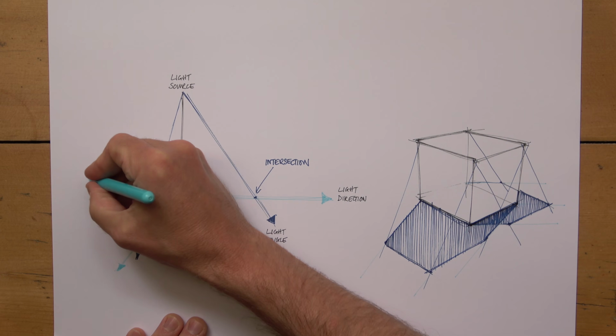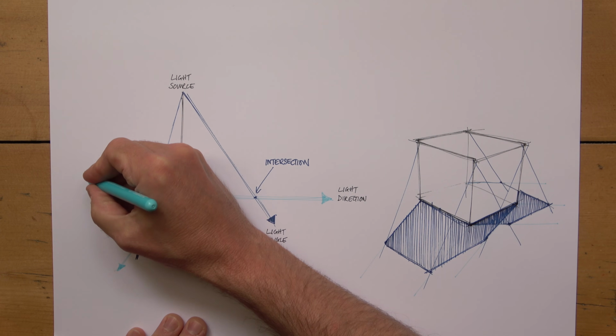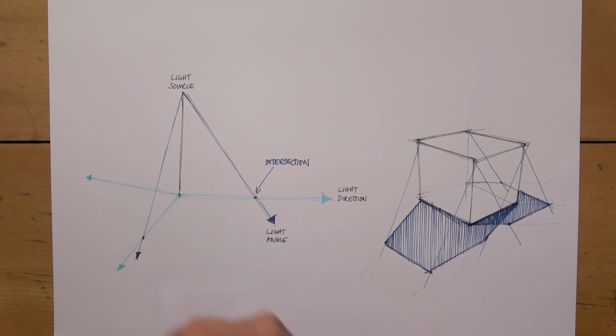And to demonstrate that the light source can be positioned anywhere in relation to our shape, I'm going through the process again here.